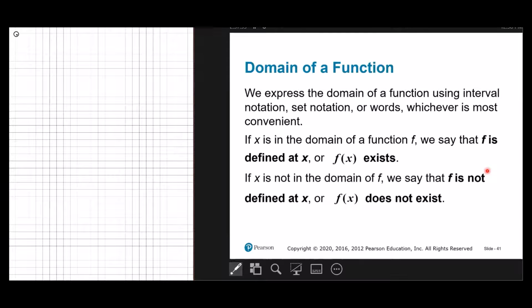It gives us a negative radical, a negative square root, or it gives a 0 in the denominator. Okay, so we say it's not defined at that X value, or F of X does not exist at that X value, or F of 3 does not exist. Another way of saying this is that the function does not exist at 3.